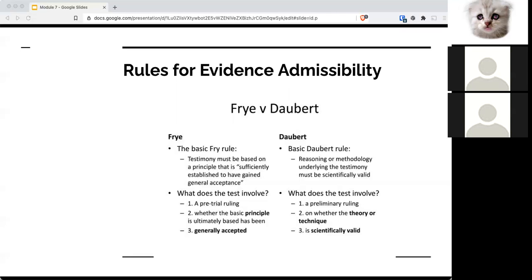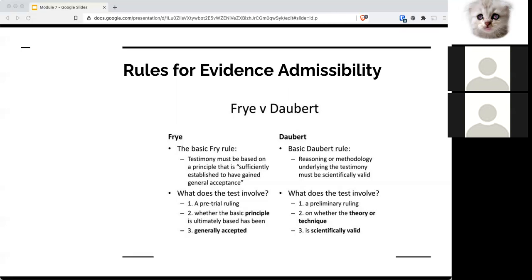Expert witnesses. Actually, before that is the rules of evidence admissibility. Sorry, I jumped ahead. There are a couple of tests, like the Frye and the Daubert test. As you can see, the Frye is based on Frye versus US.